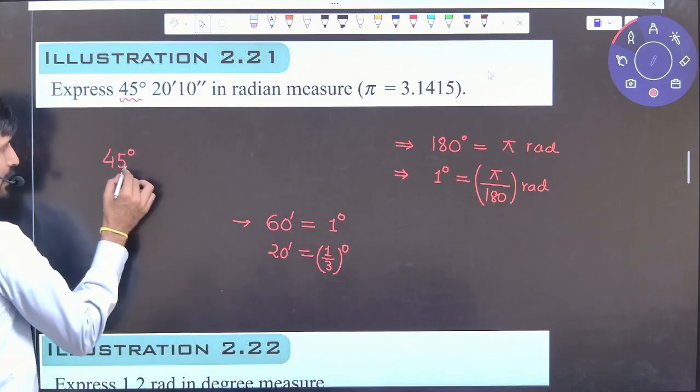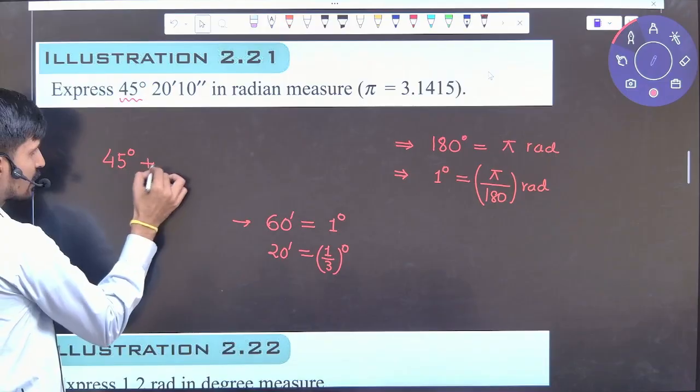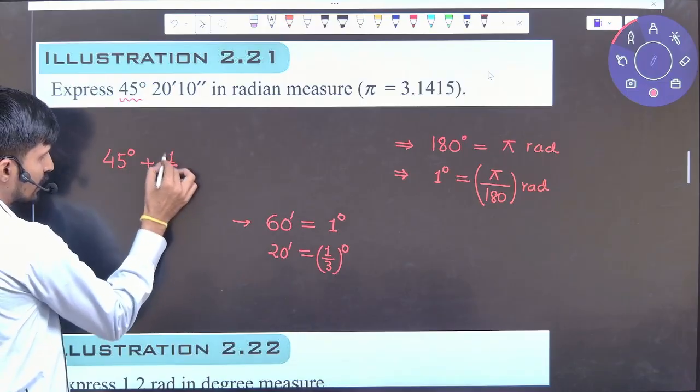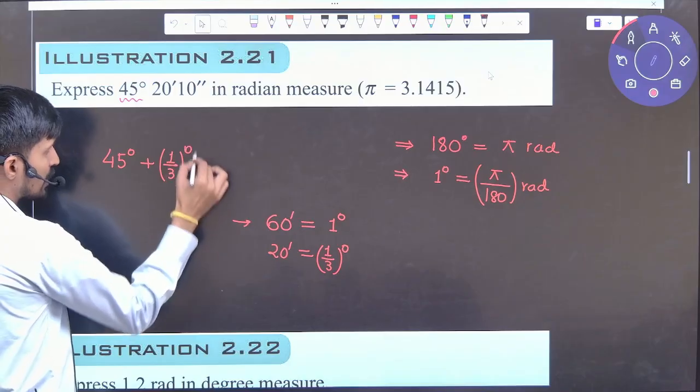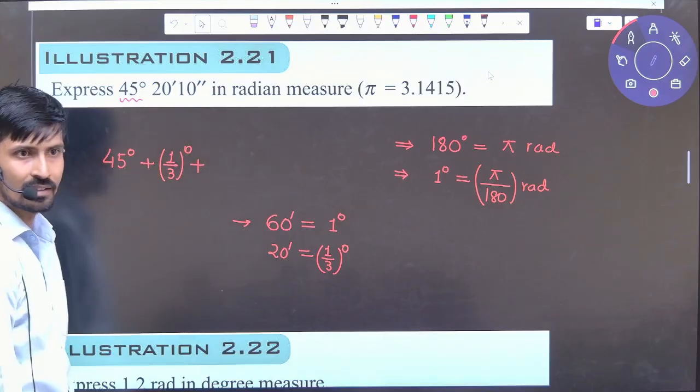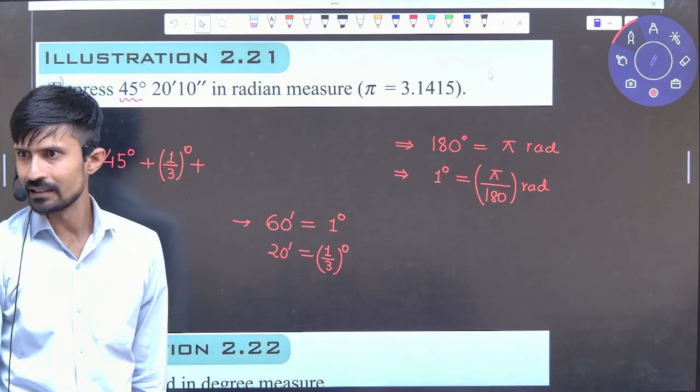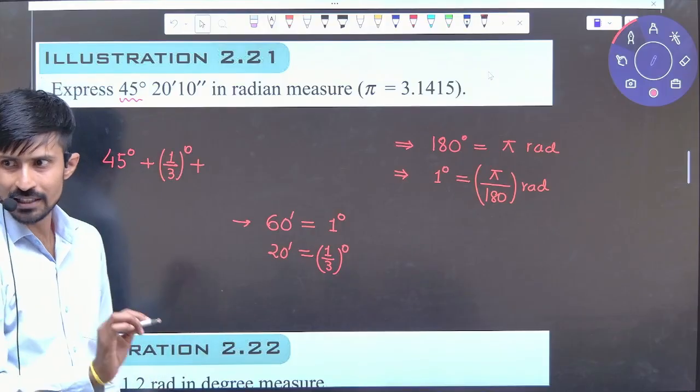So what we'll see? 45 degree plus 1 by 3 degree plus now 10 second. I have to change it in degree.